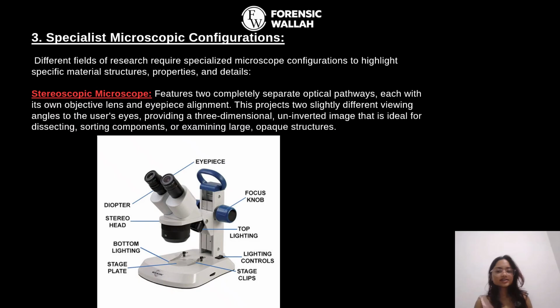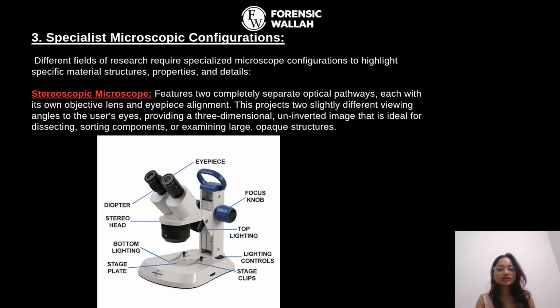So, next let us consider the stereoscopic microscope, often referred to as a dissecting microscope. Unlike a standard compound microscope, which provides a flat two-dimensional view, the stereoscopic microscope features two completely separate optical pathways.